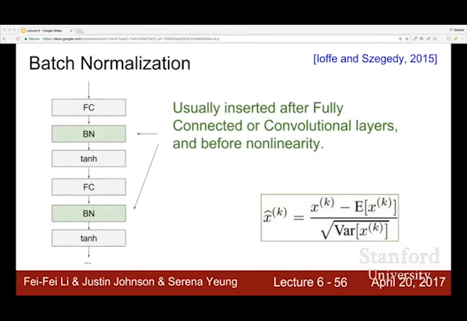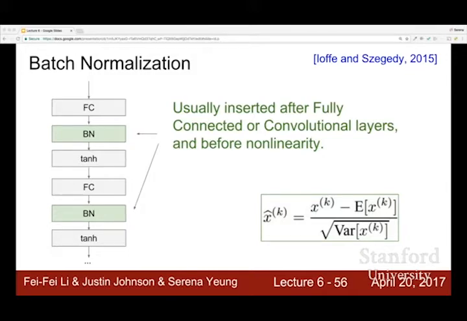The only difference is that with convolutional layers, we want to normalize not just across all the training examples and independently for each feature dimension, but jointly across all the feature dimensions, all of the spatial locations that we have in our activation map, as well as all of the training examples.